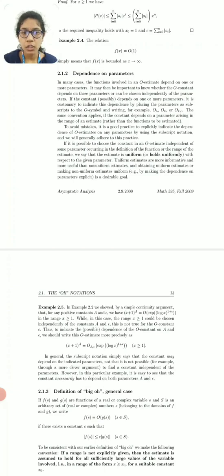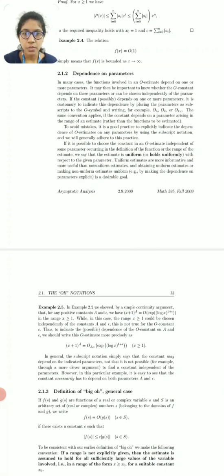If the constant depends on one or more parameters, it is customary to indicate the dependence by placing the parameters as subscripts on the O symbol. To avoid mistakes, it is good practice to indicate the dependence of O estimates on any parameters by using subscript notation.